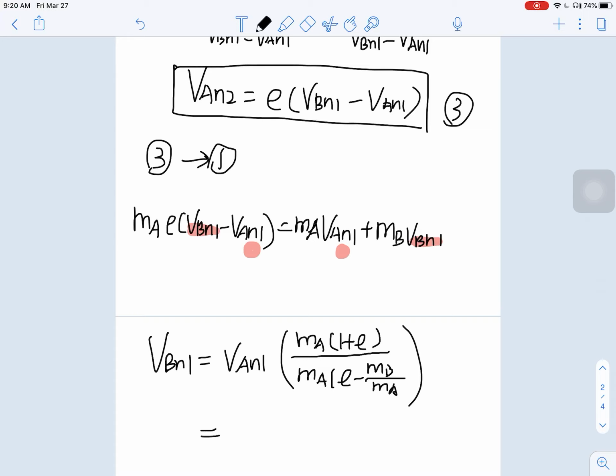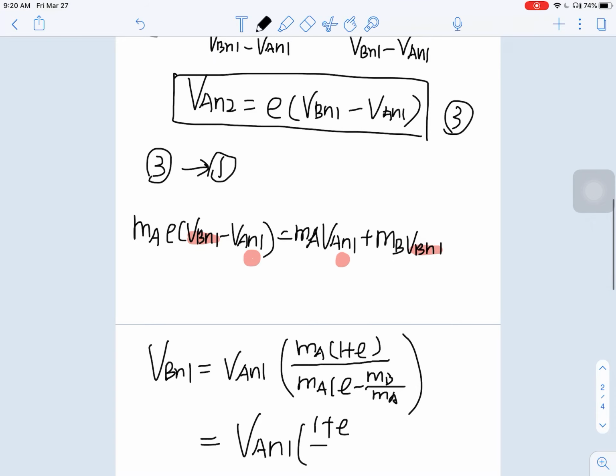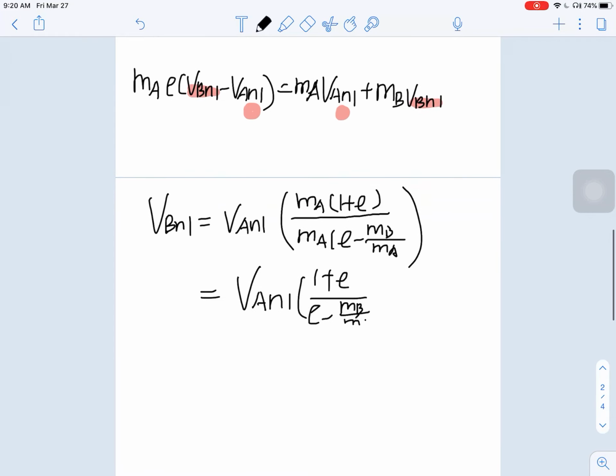We can simplify this to get the expression VAn1 times 1 plus e over e minus MB over MA.